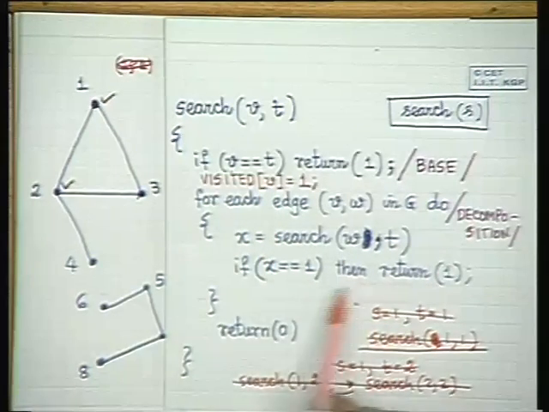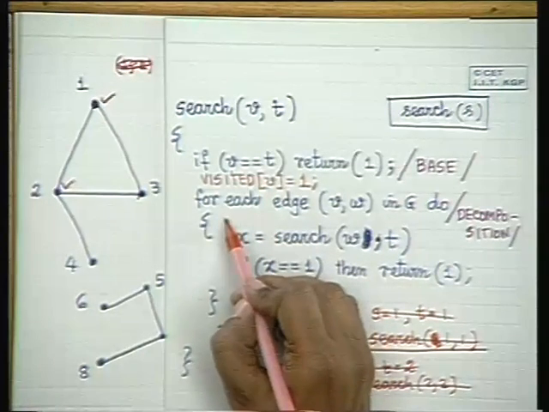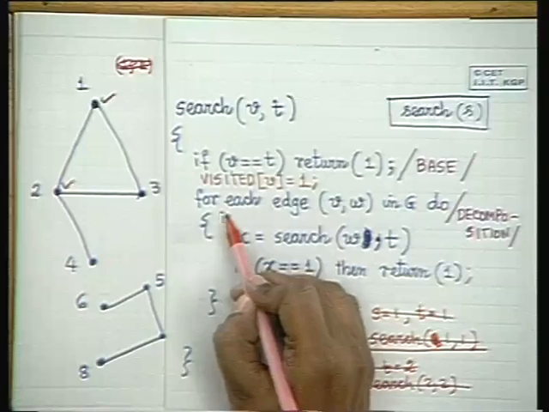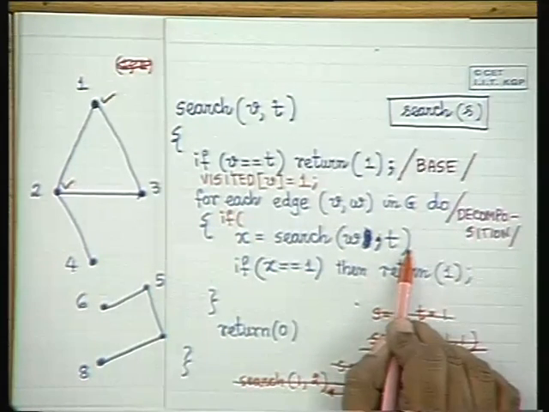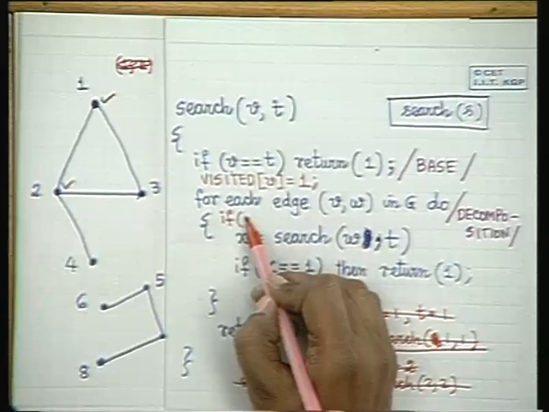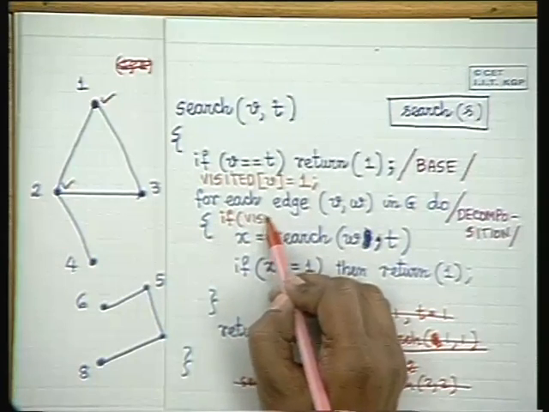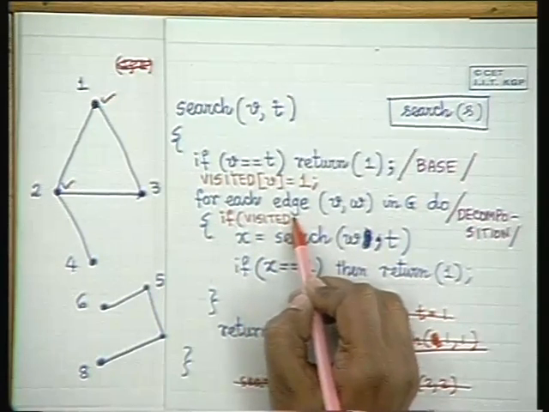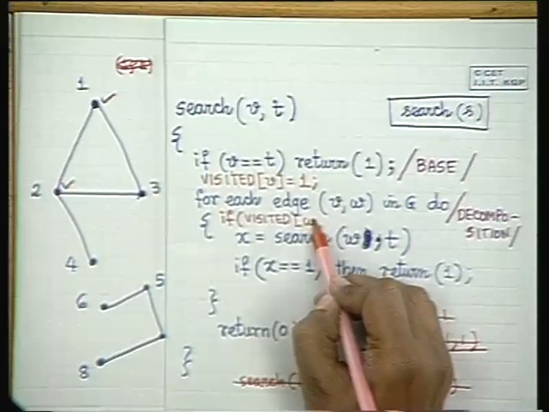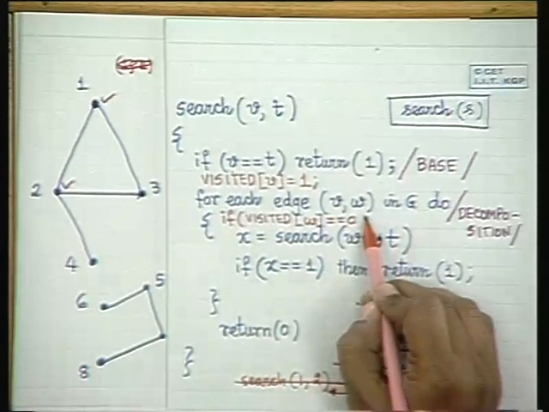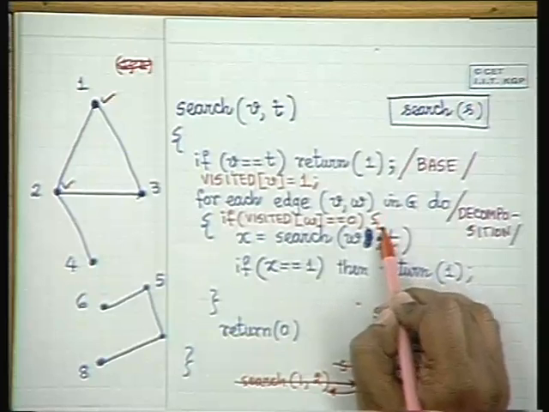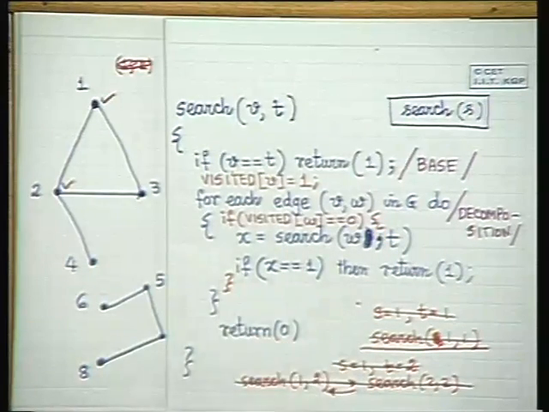So once you come in, you are mentioning that it is visited. Now for the edge, all that you have got to do is mention here, if it is not visited, only then will you search. So if visited W is equal to 0, only then will you search and do anything.